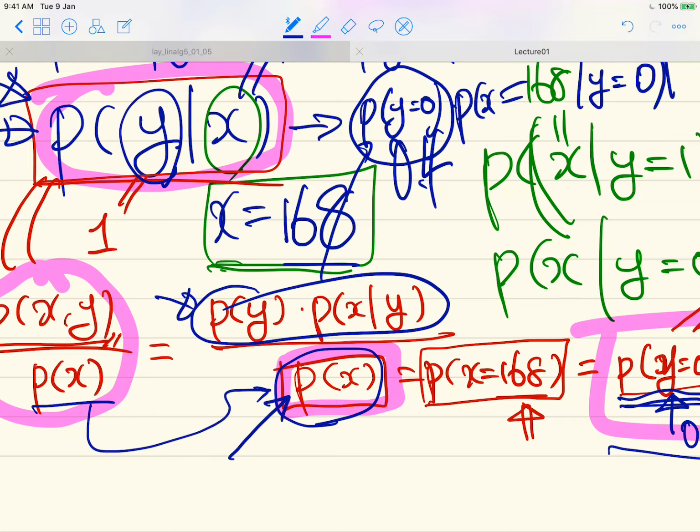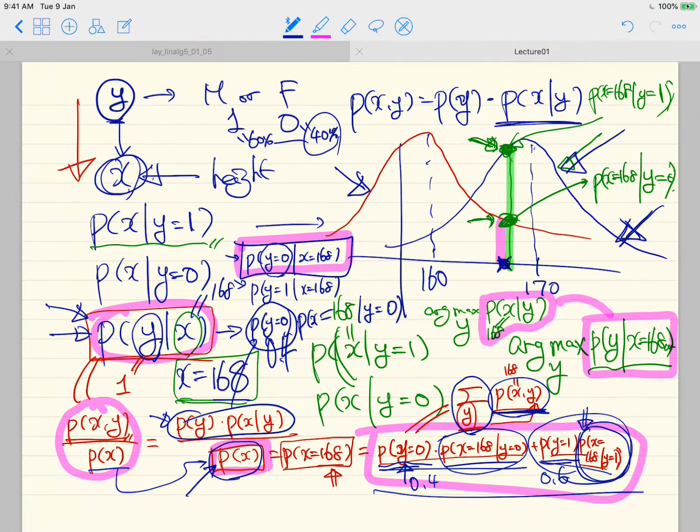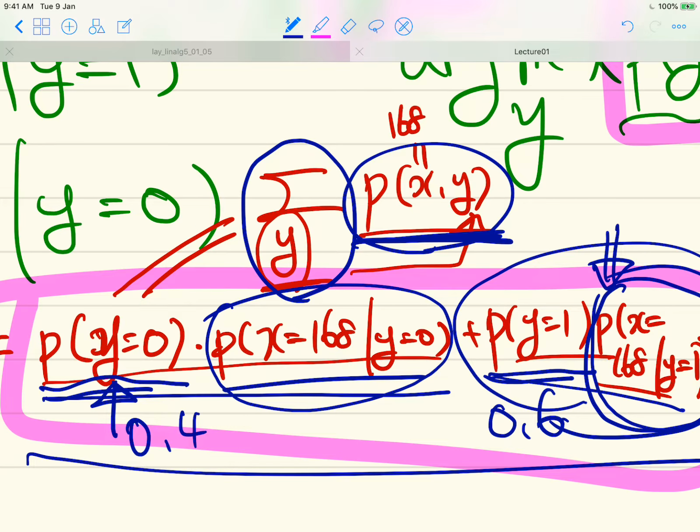And then in order to compute this p of x, we considered all the possible y's that will generate the same 168, which in this case are these two cases, right? Whether y is 0 or y is 1.